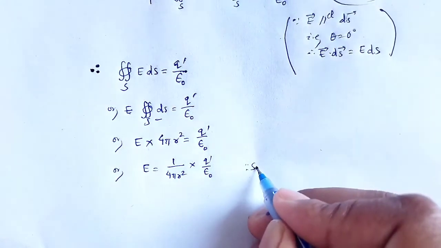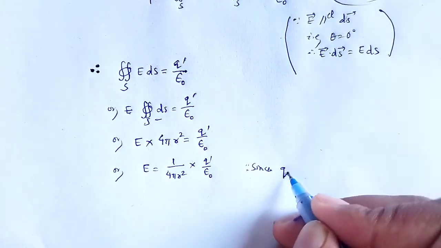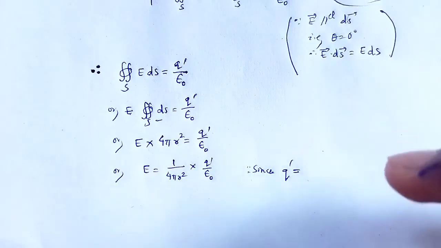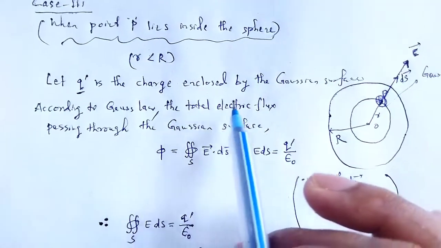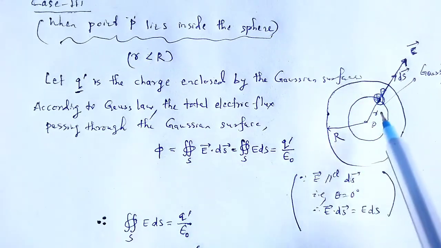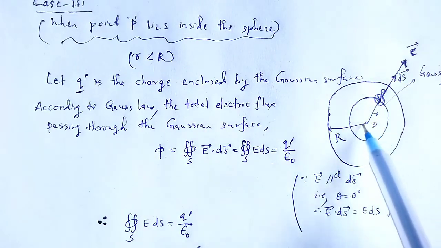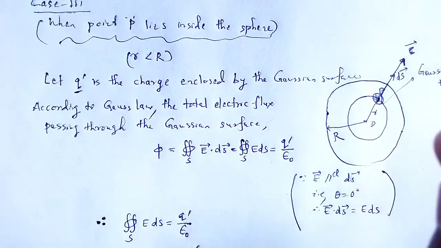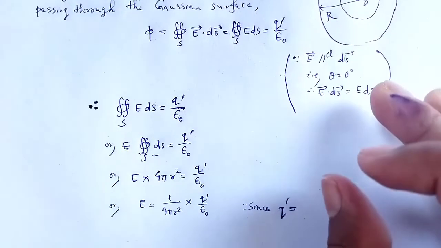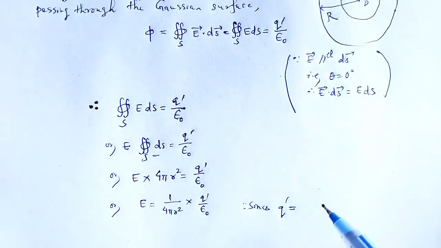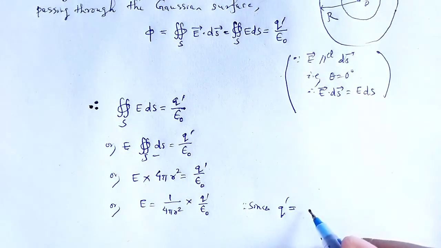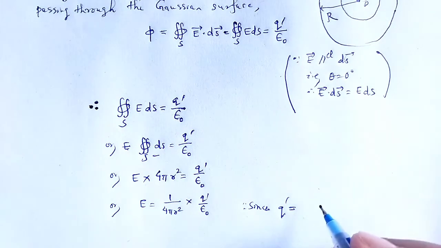Since q dash is the charge enclosed within the Gaussian surface, what amount of charge is enclosed here? That is the volume charge density into volume.